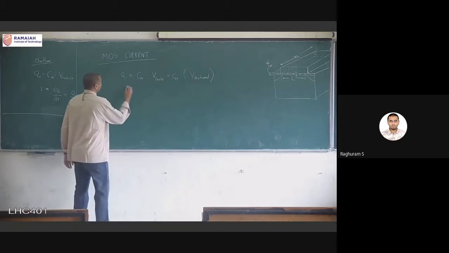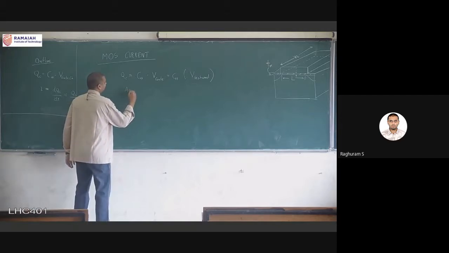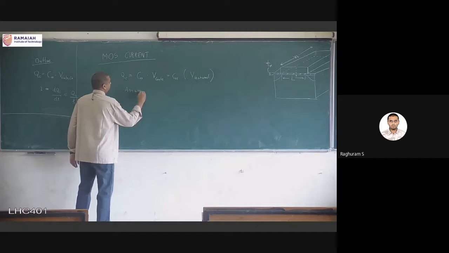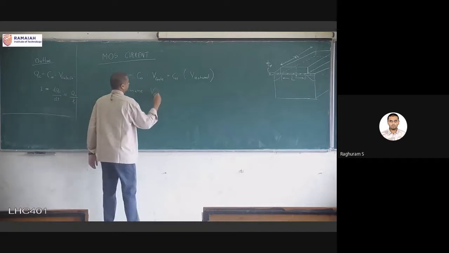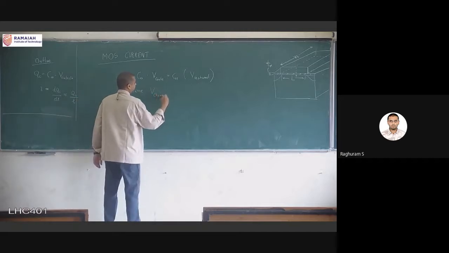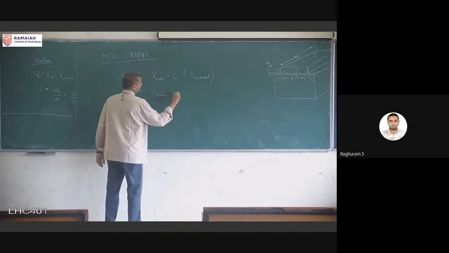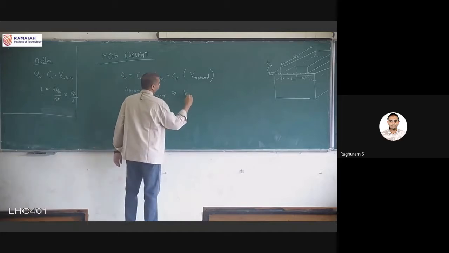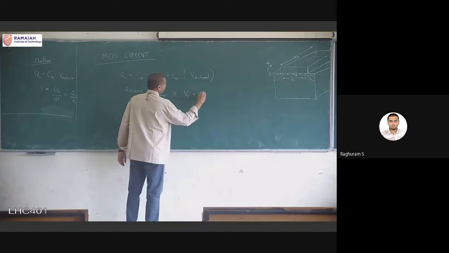So we will make one assumption. Assume the channel voltage is approximately equal to drain voltage plus source voltage divided by 2.